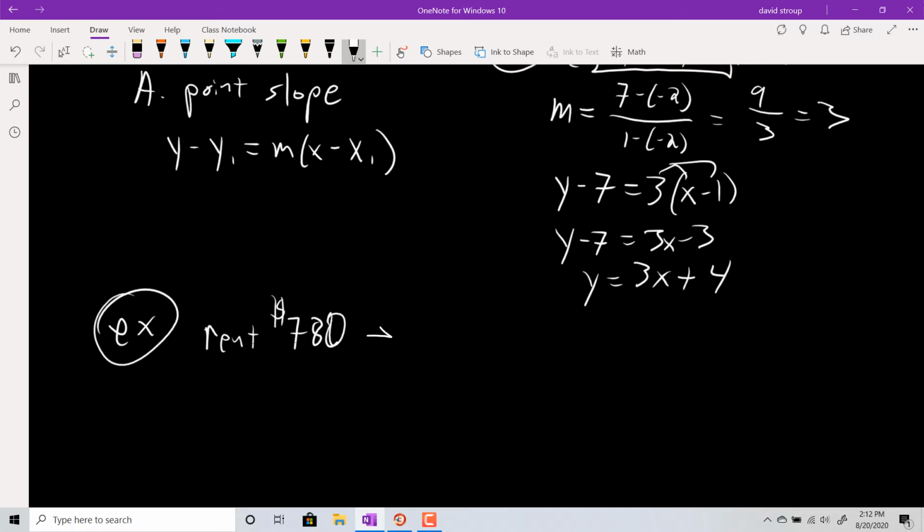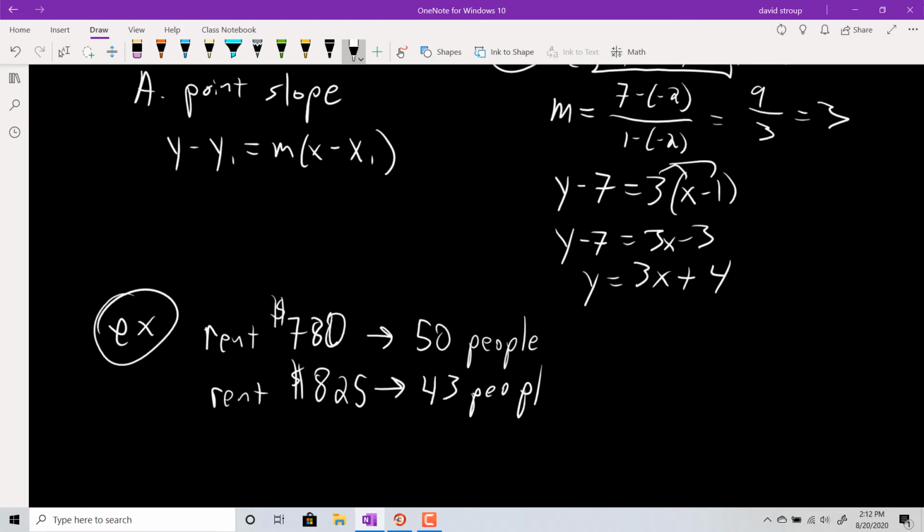So a rent of $780 gives you 50 renters. Okay. If you charge a rent of $825, it goes down. People aren't willing to fork over that much money, right? It goes down by 3 people.